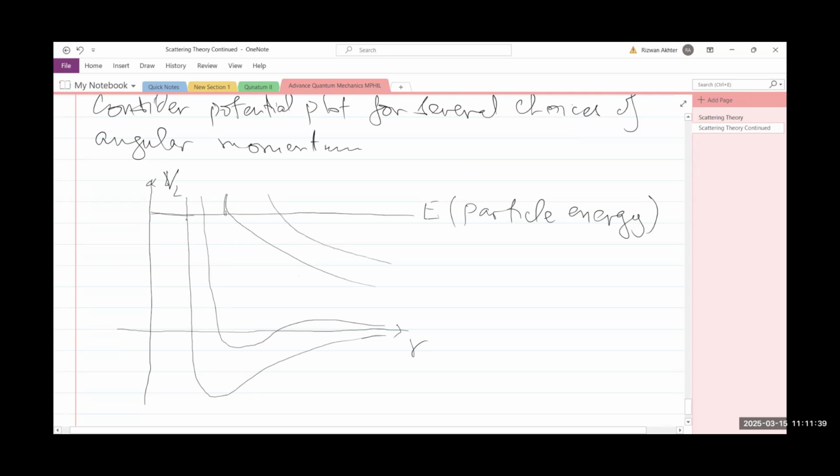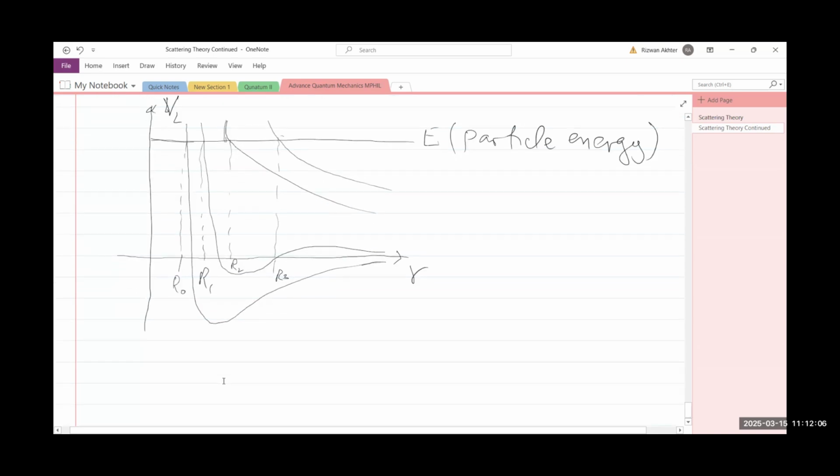Corresponding to this, this is the distance R naught. Corresponding to this, we have a distance R1. Corresponding to this, we have a distance R2. Corresponding to this, we have a distance R3. These are not just R1, R2, and R3; they are basically distances of closest approach.